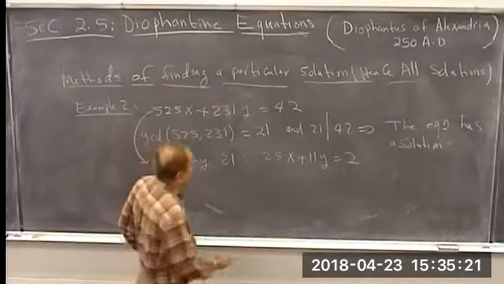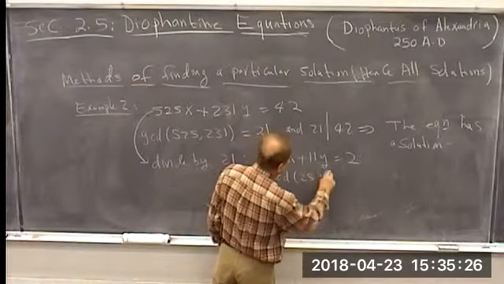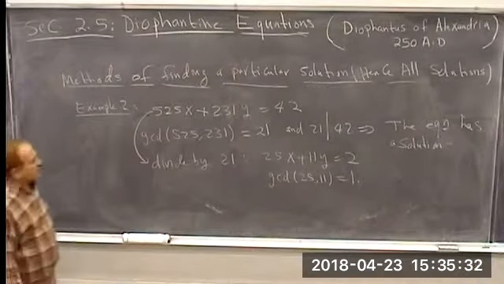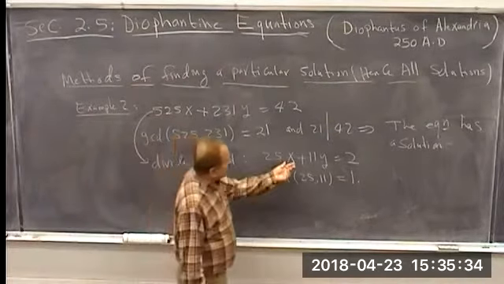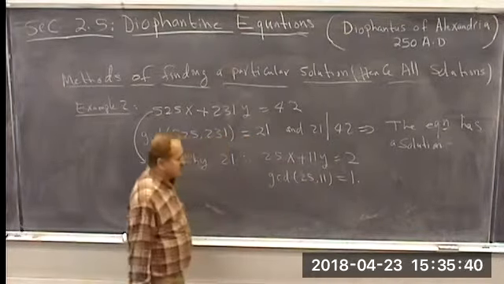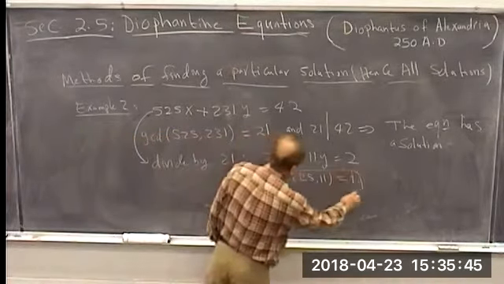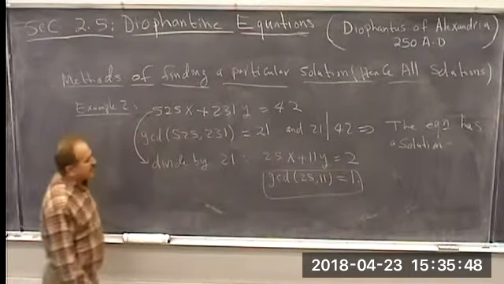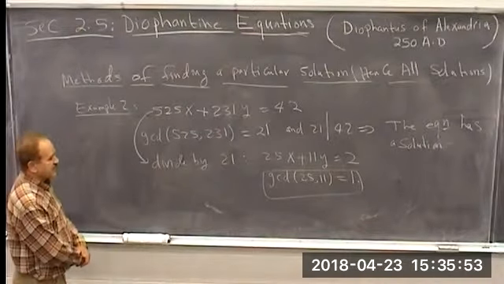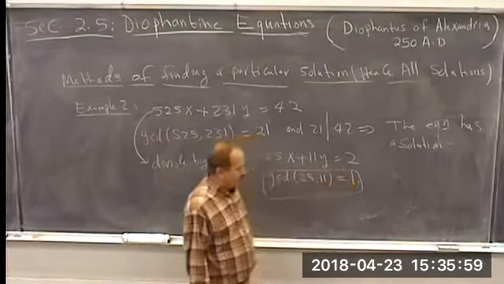Once again, the greatest common divisor of the new coefficients is equal to 1. And we would like to find numerical values for x and y to make this equal to 2. Now, you remember by the Euclidean algorithm, when the greatest common divisor is a certain value, then there exist an x sub 0 and a y sub 0 that give you a 1 in here, right?